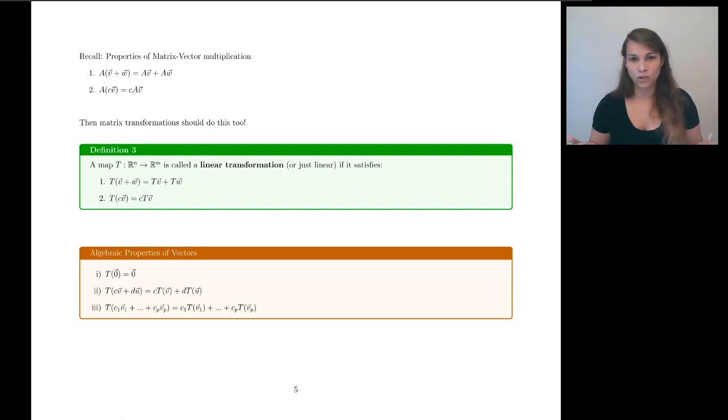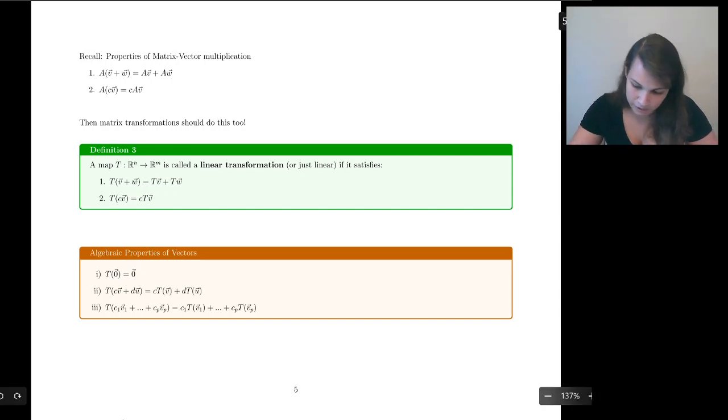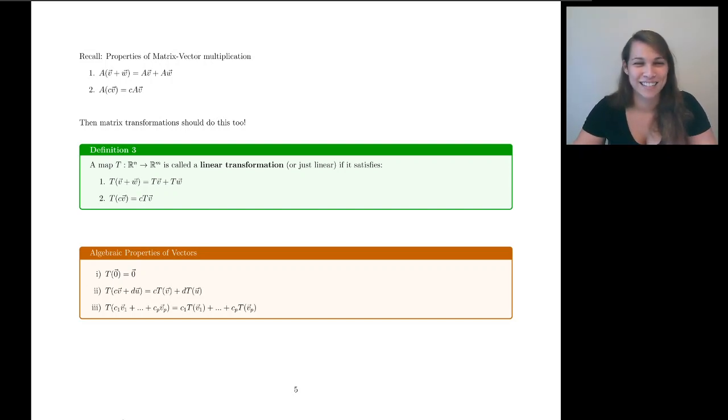Since that holds for matrices times vectors, that means it should also hold for linear transformations, because linear transformations are also matrix transformations. Or not linear transformations, I got ahead of myself, I'm sorry.